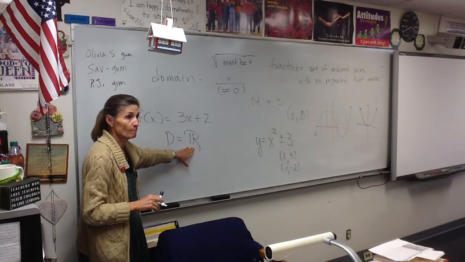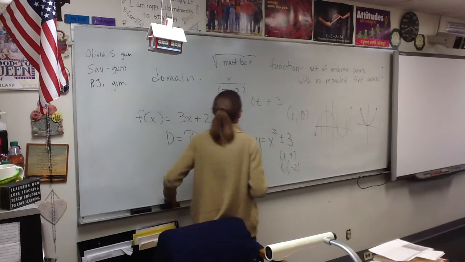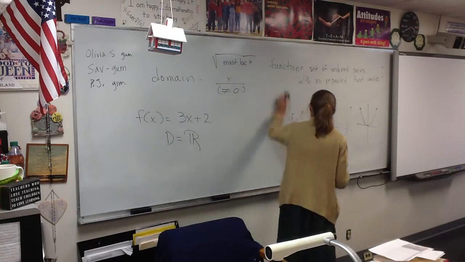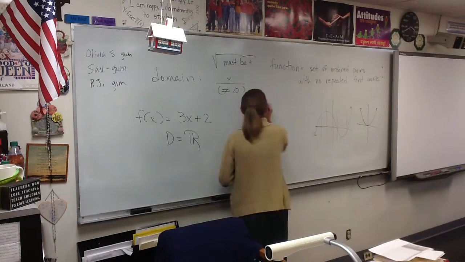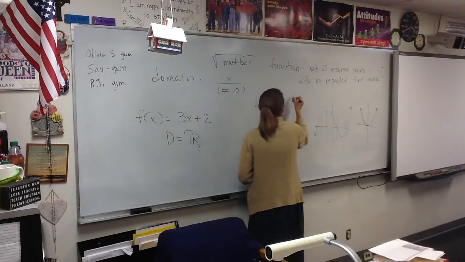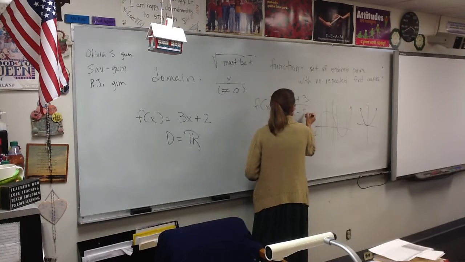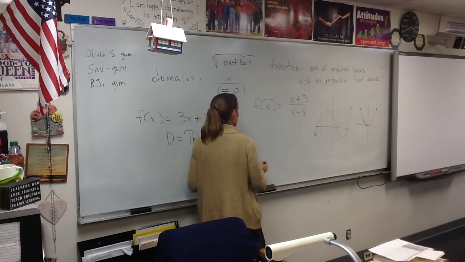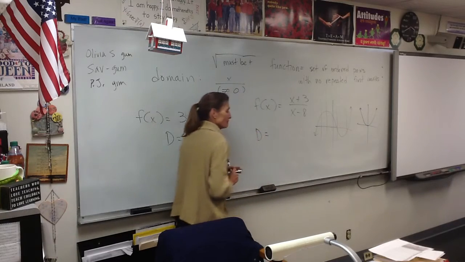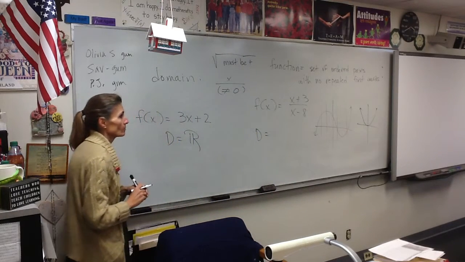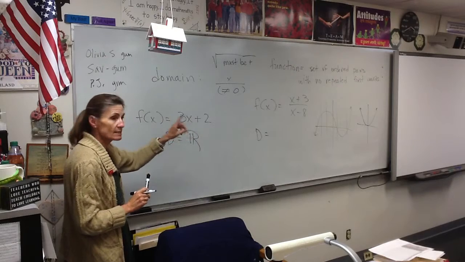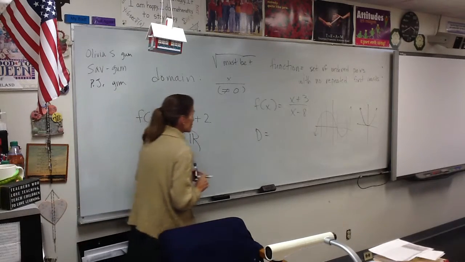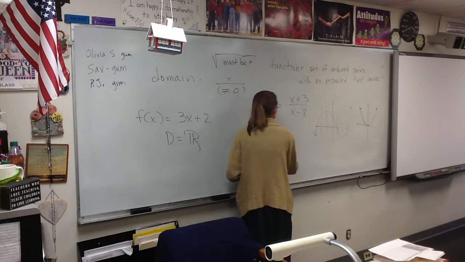What about this one? Again, you're walking down the hall and you find this. And somebody says to you, oh, you found a function. What's the domain? All numbers except 8. So you can write that many different ways.